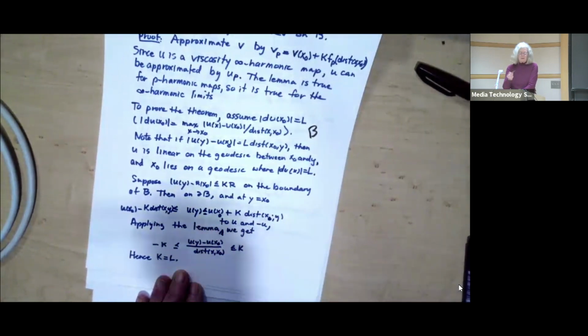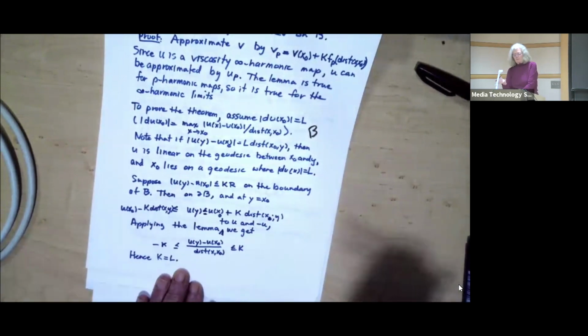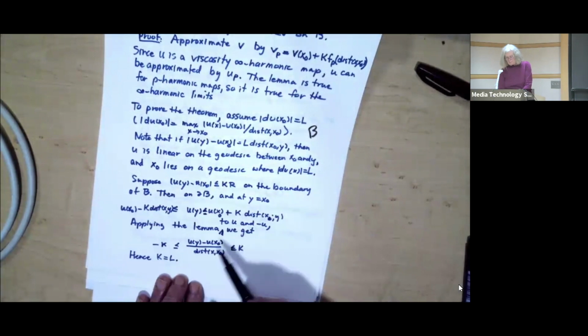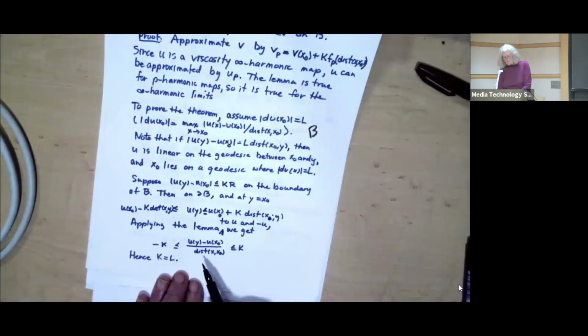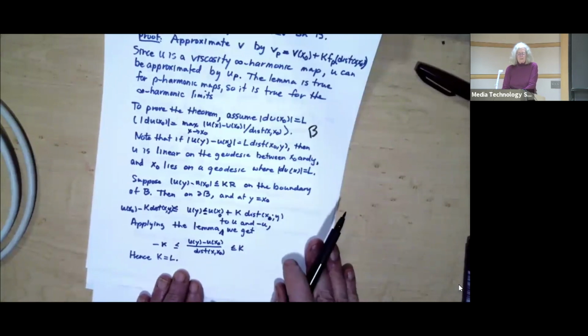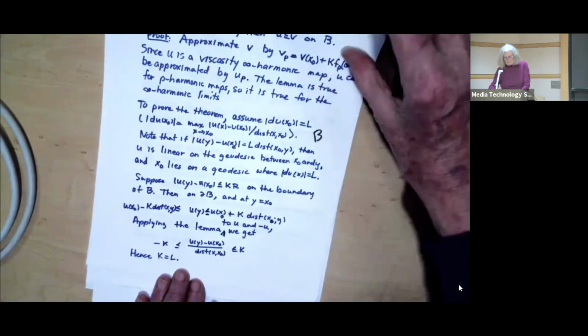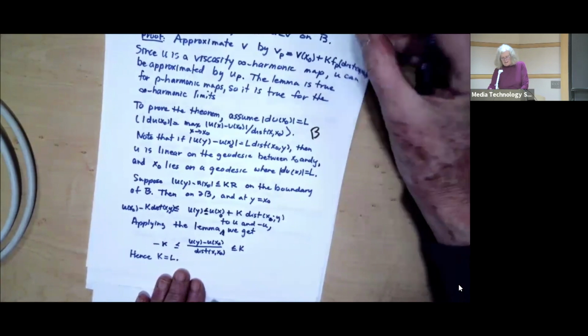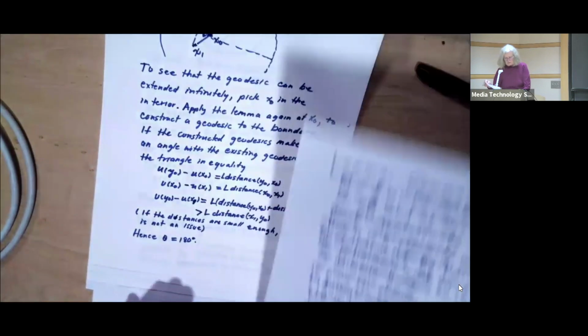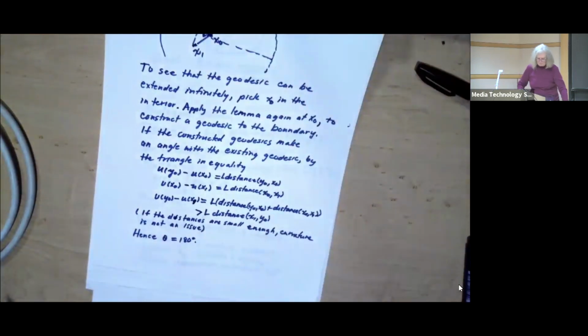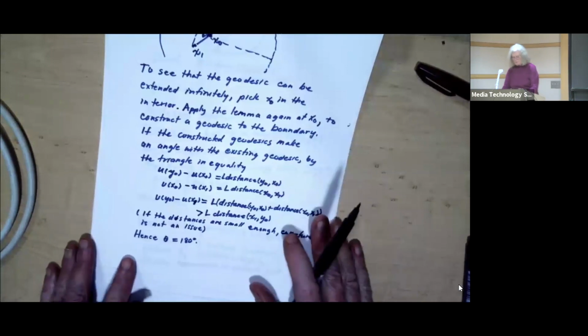You're going to use the inequality from minus u in one direction and plus u in the other direction. And applying this, we get that in fact the Lipschitz constant is the k that was taken along the cone. And so we get that k is equal to L. So we have that the value on the boundary is actually equal to the Lipschitz constant.